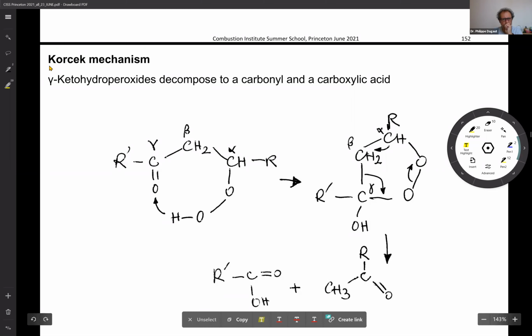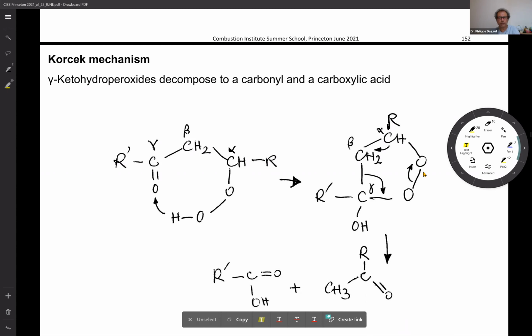And they were interested in the oxidation of lubricants in the liquid phase. And they figured out that these molecules were oxidized, producing carboxylic acid and other carbonyl groups like ketones. But at that time, they were not really able to figure out how the reaction goes.